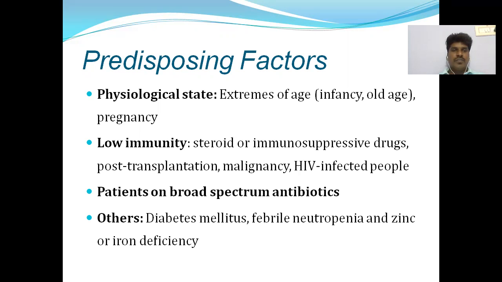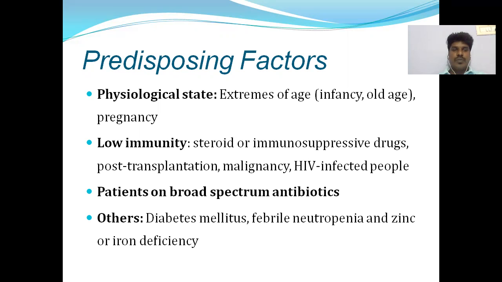Physiological state: two extremes of age, infancy and old age. In infants there is an immature immune system, and in old age people there is a waning of the immune system.